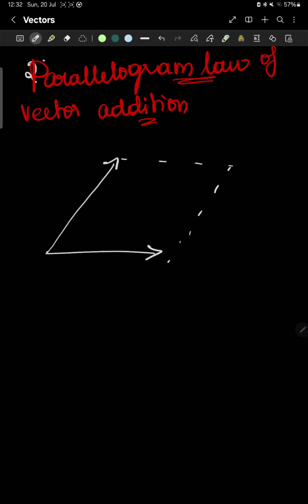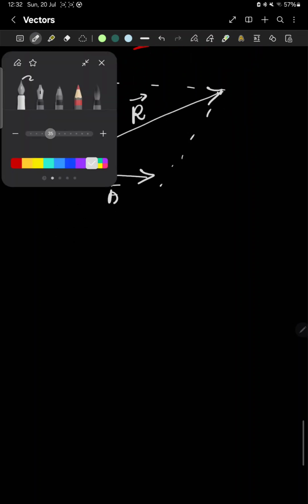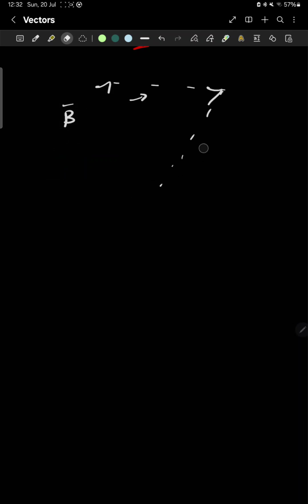After that, if I draw the diagonal of that parallelogram, that diagonal will be the resultant of these two vectors. That's what the parallelogram law says.